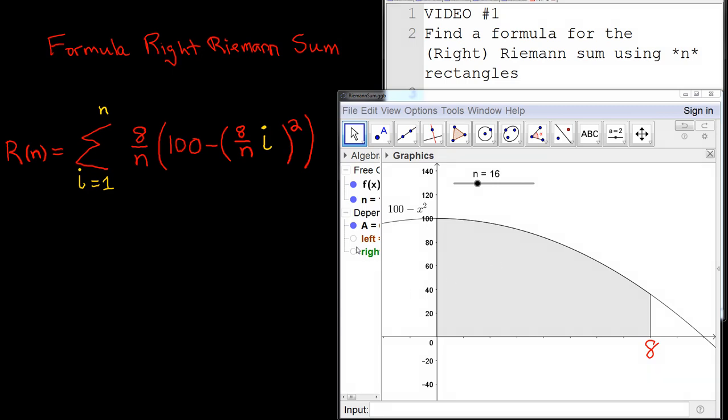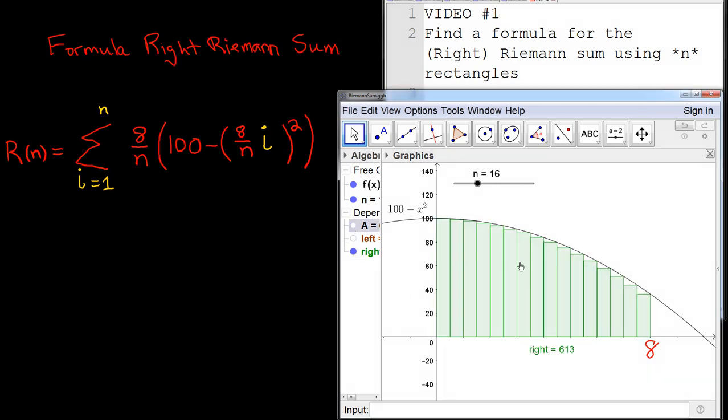As an example, if we used 16 rectangles, here you can see this is a right Riemann sum. Here's a picture of a right Riemann sum for the area under the curve using 16 rectangles.